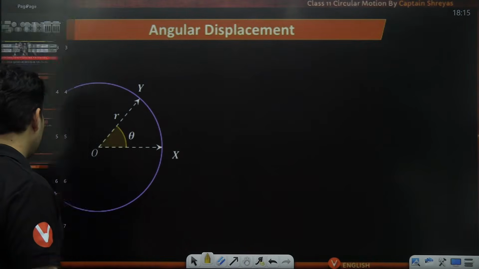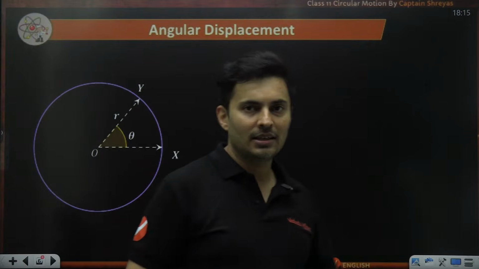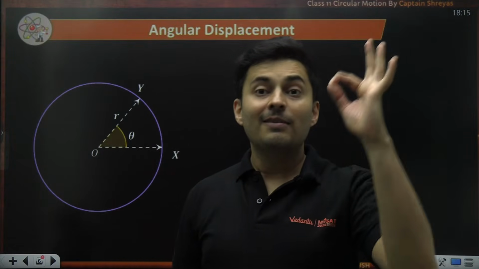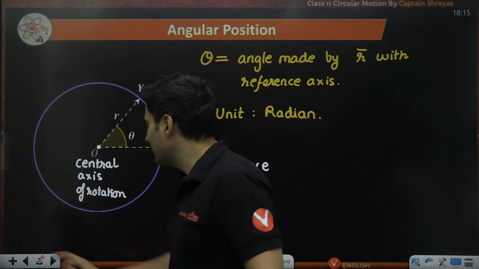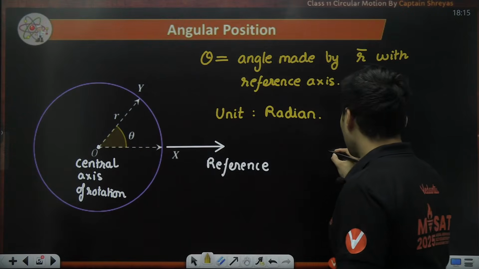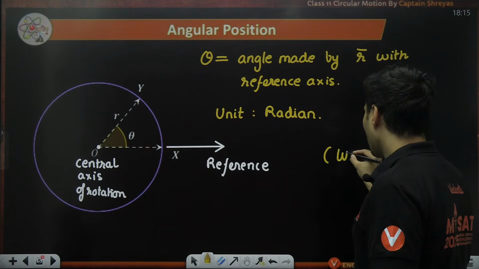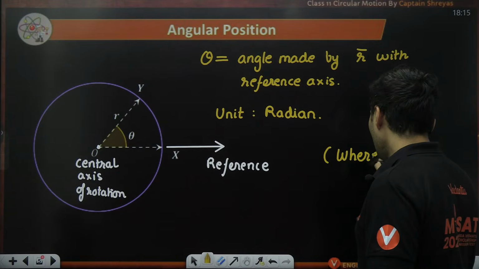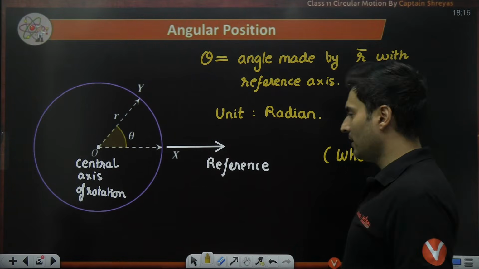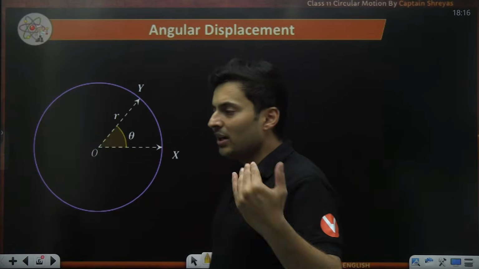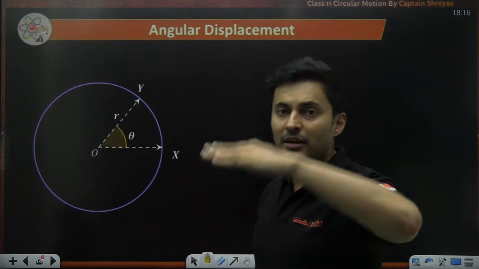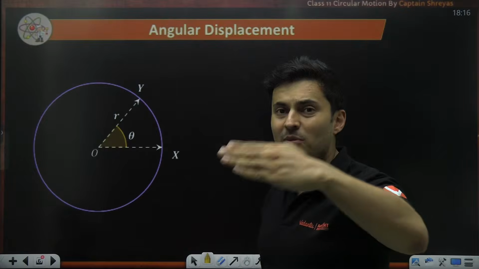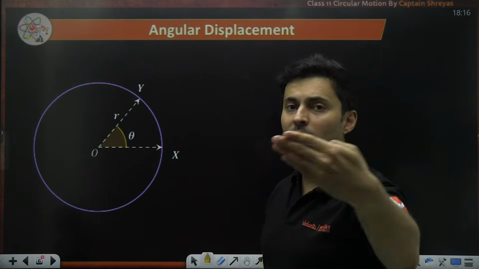Now, the next part is angular displacement. Position tells me where you are, how far you are, etc. But angular displacement tells me from here to here you have gone. So how much have you changed your position?